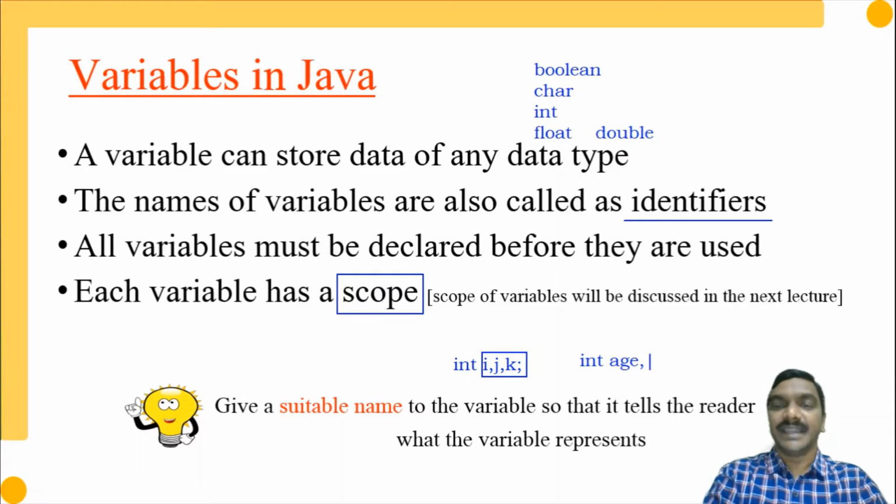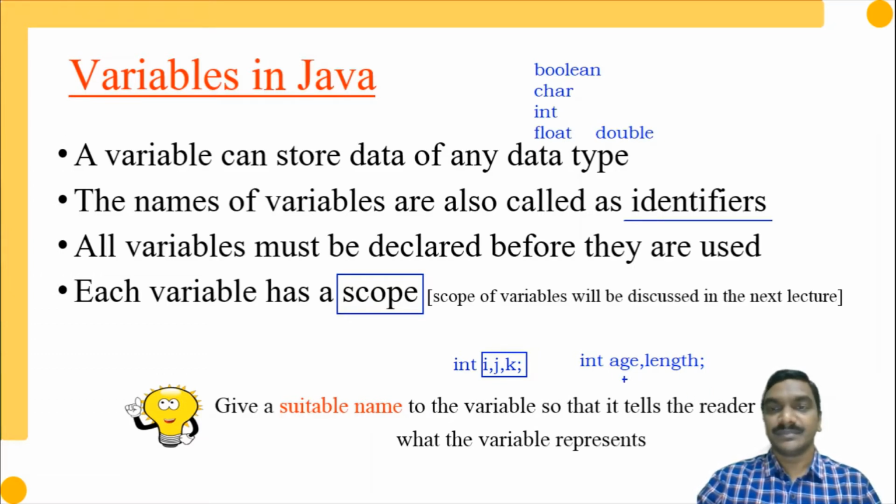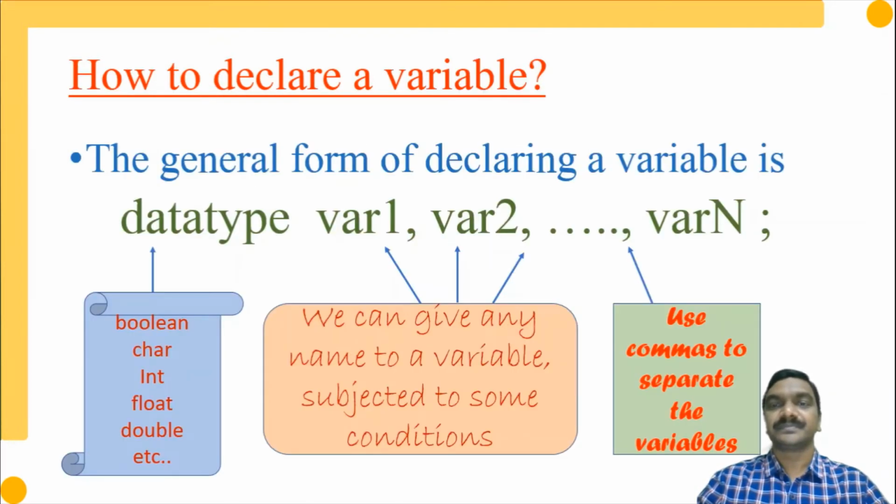For example, int age, int length, so these have some meanings. So age, we can understand, yes, we are going to store the age of a person in this variable. In this length variable, we are going to store the length of a particular thing, right? So rather than giving i, j, k or a, b, c, it is better to give some meaningful names to variables.